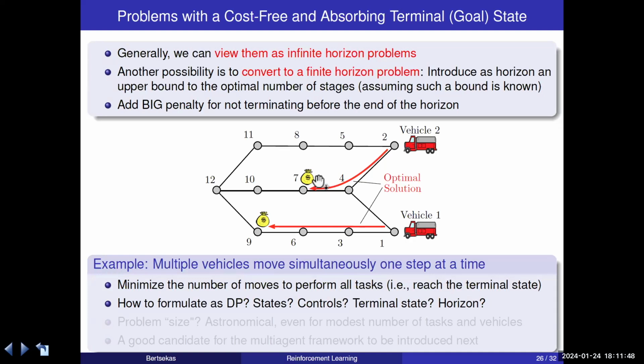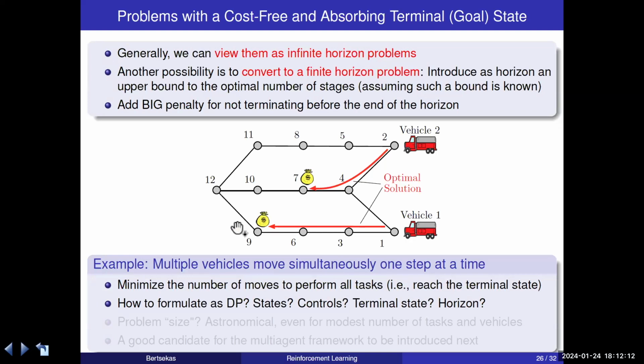Okay. How about the list of the tasks that you have already performed? Okay. I mean, that list would be important to direct you into completing the remaining tasks. So it's an important piece of information to have in a dynamic programming problem formulation.